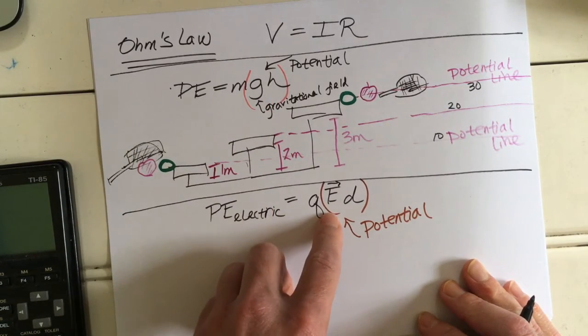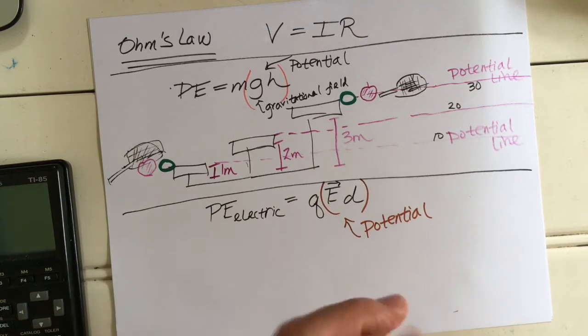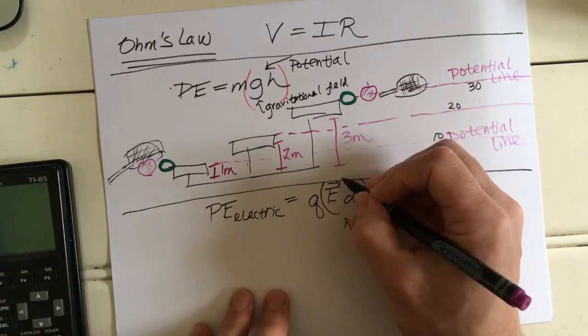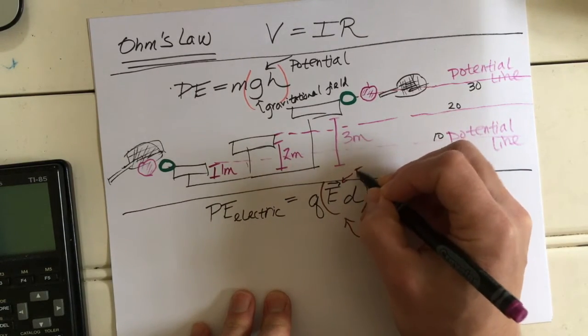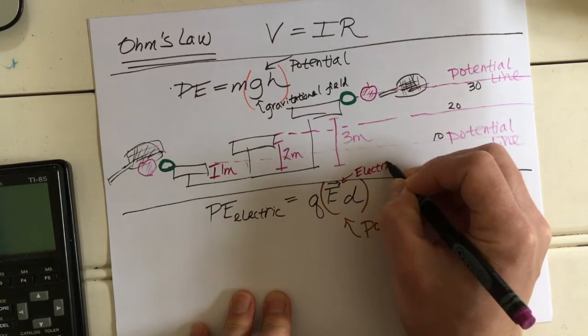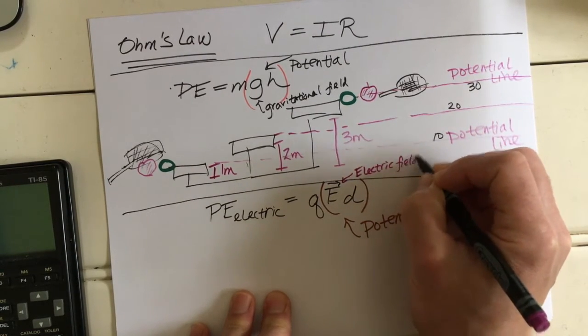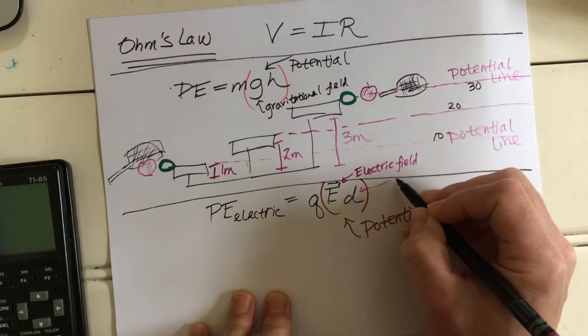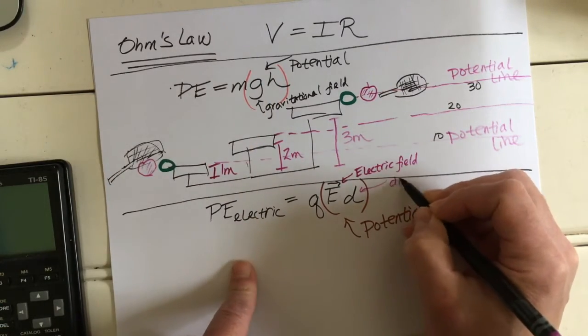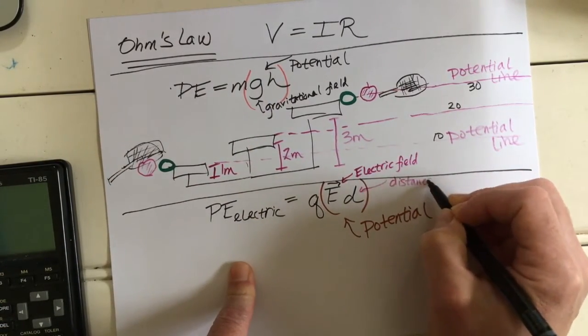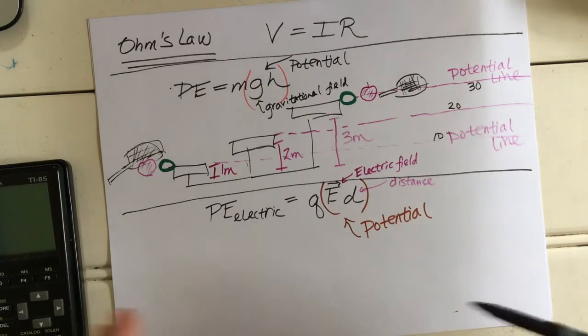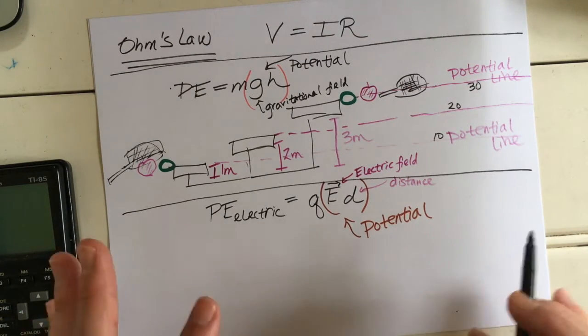Baby g is lining up to electric field. Let me write that down. So this is E, an electric field, and d is distance, kind of lining up to h, right?